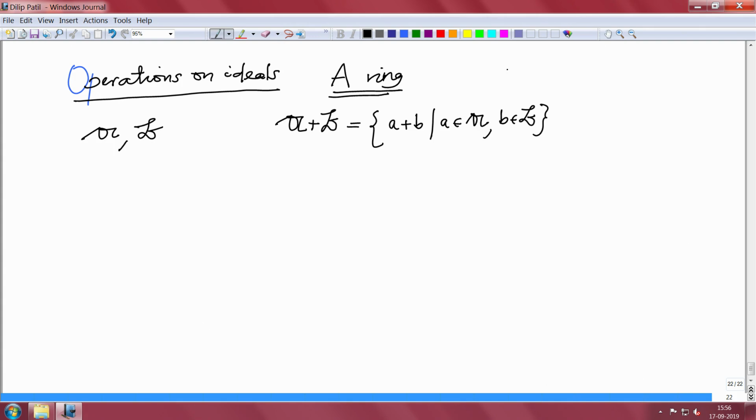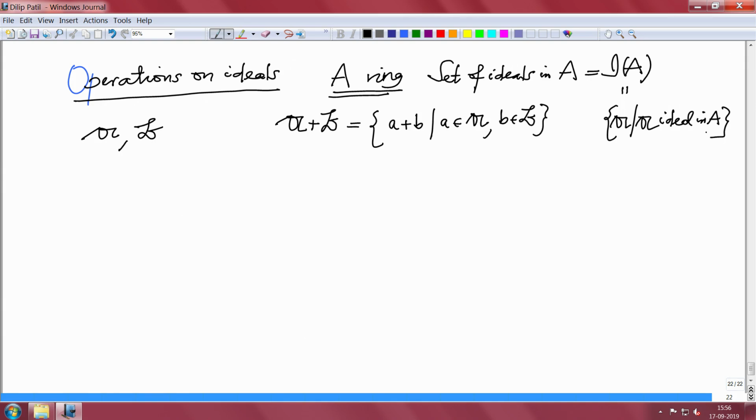So sometimes the set of ideals in A, I will denote by script I(A), the set of Gothic a such that a is an ideal in A. And definitely this is a non-empty set, because the ideal 0 belongs here, and also the unit ideal belongs there. So there are at least two elements there.